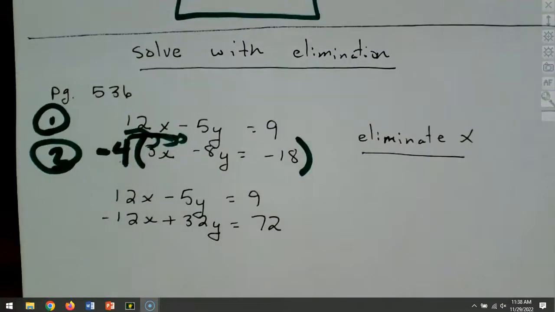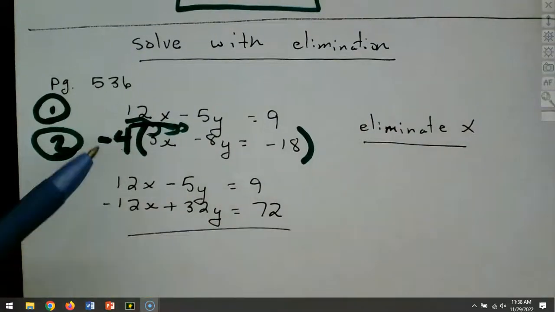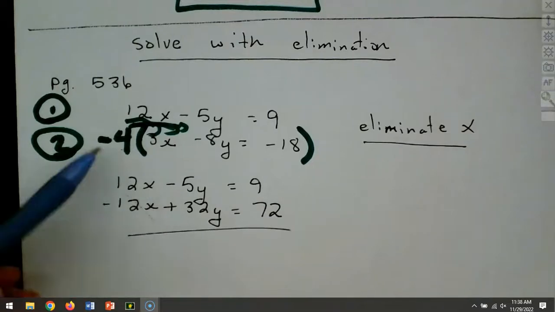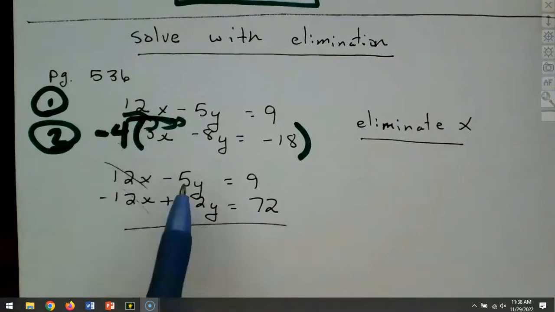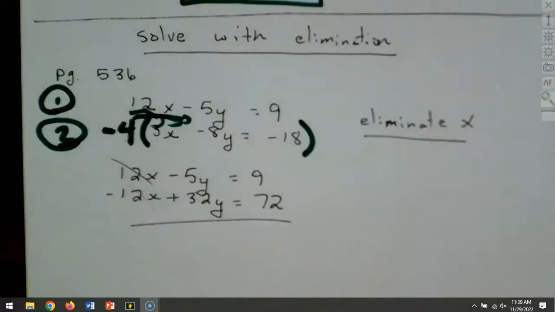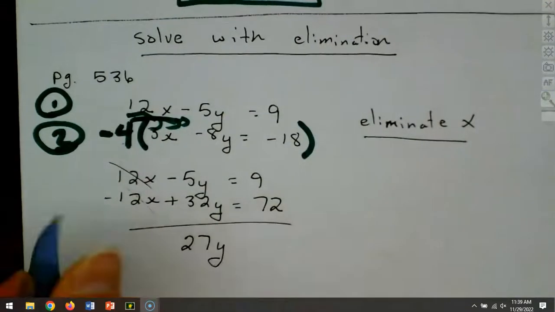Okay, now what's going to happen when I add down? Well, when I add down, the x's, they do what? They cancel. Okay, so those go away. So what are we left with? When we add down, minus 5 plus 32. So that is 27y.